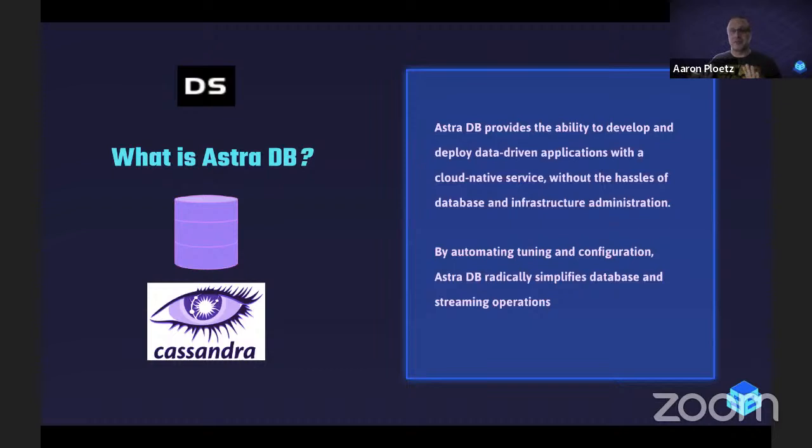So all of the best-in-class features that you get with Apache Cassandra, like high availability, multi-data center awareness, high performance, all that comes with Astra DB, but it comes in a way where it's as a service and we manage it for you.